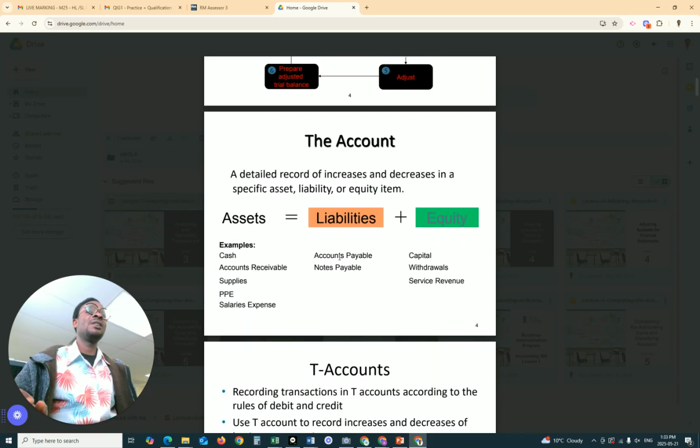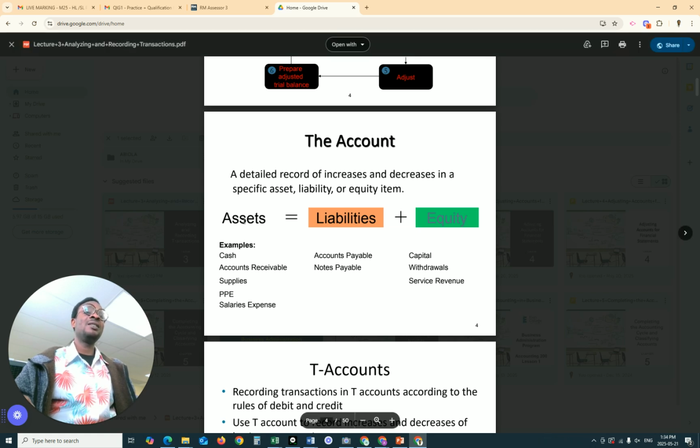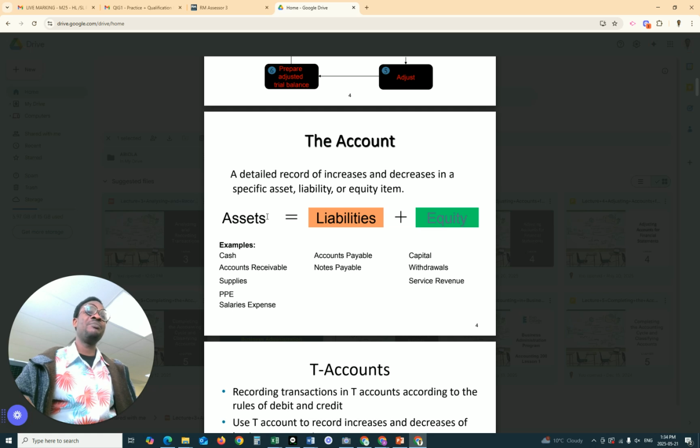An account is a detailed record of increases and decreases in a specific asset, liability, or equity item. Assets equal liabilities plus equity. Assets are resources owned by a business or owed to a business. That is the definition of asset.